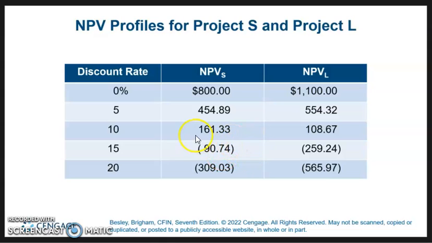So we can see that as we go up, the NPVs for Project S are greater than those of Project L. As we go down, Project L, because it's back-end loaded, becomes more valuable with lower discount rates.